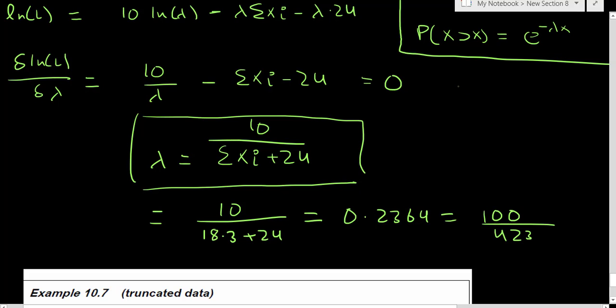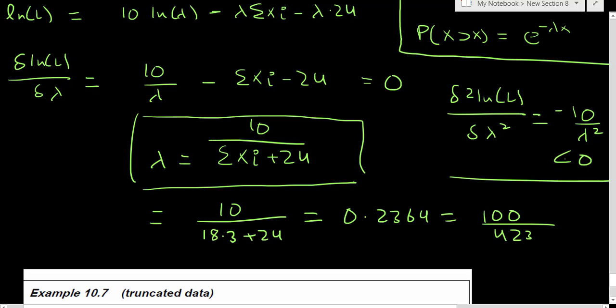And the second derivative, that is d2 ln L over d lambda squared, is obviously negative. It is minus 10 upon lambda squared, right? So this is less than 0 and thus this is negative, and this is the point of maxima. So this is your value for lambda hat.